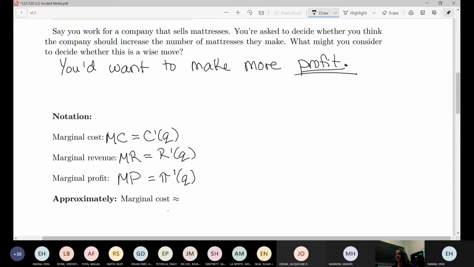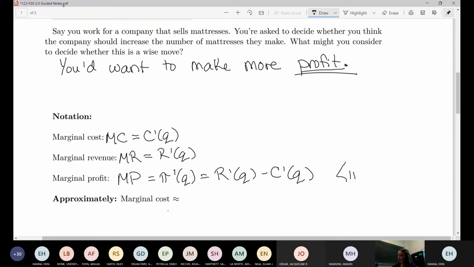I'll be honest, I don't think I've ever seen anyone refer to it as MP. Marginal revenue and marginal cost are referred to as MR and MC in Wiley a lot, but I don't think Wiley usually refers to marginal profit. So you might not see that MP notation a lot. Also, one important thing about marginal profit is that it's equal to the marginal revenue minus the marginal cost.